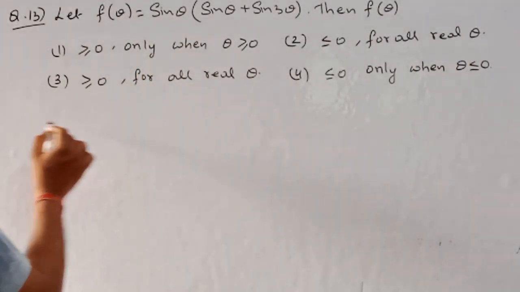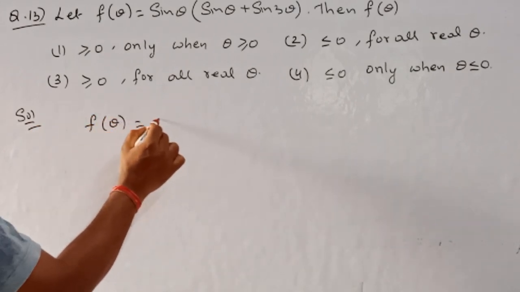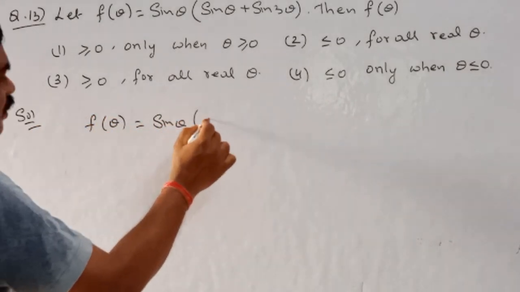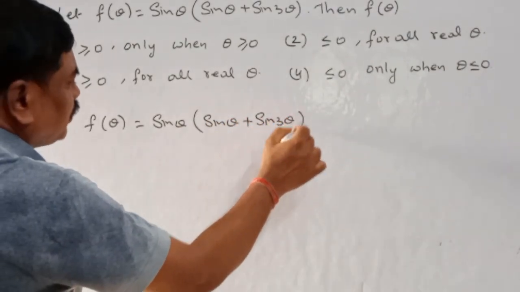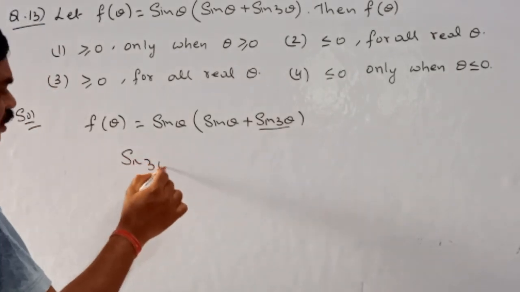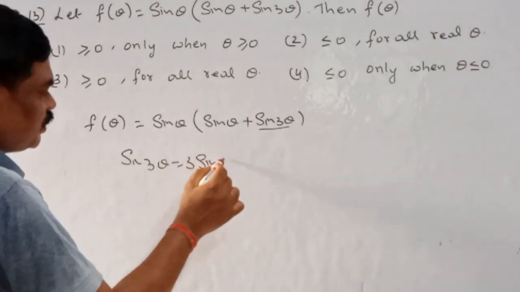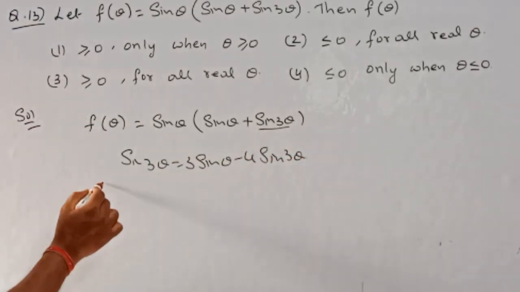So here you take f of theta is equal to sine theta plus sine 3 theta. What is sine 3 theta? Sine 3 theta is equal to 3 sine theta minus 4 sine cube theta, the formula.